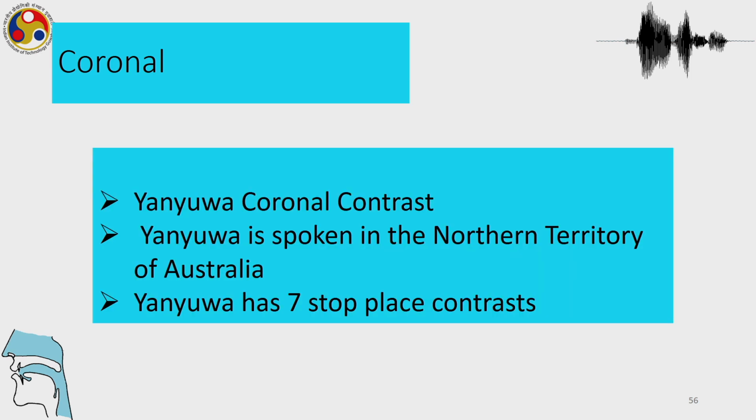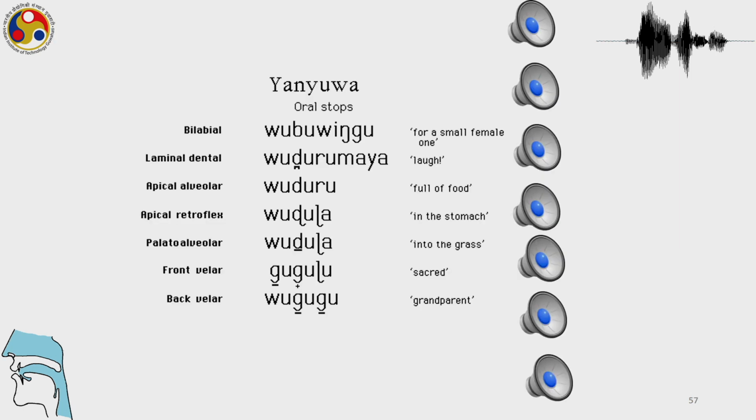Finally, going back to the coronal contrast, we want to see how many stop contrasts a language can possibly have. The largest number of stop contrasts is seen in a language called Yan-Vuya, and we have Yan-Vuya data from the Ladefoged and Maddieson repository, and we can see the 7 place stop contrast in Yan-Vuya.